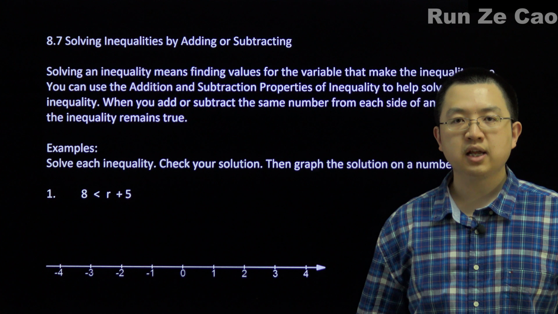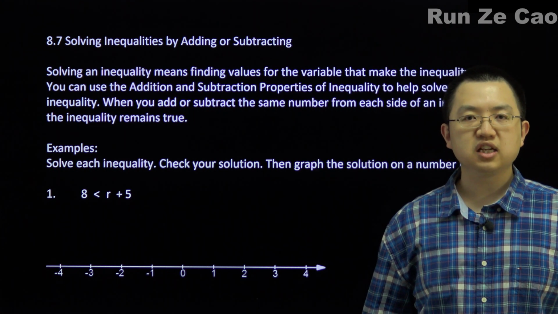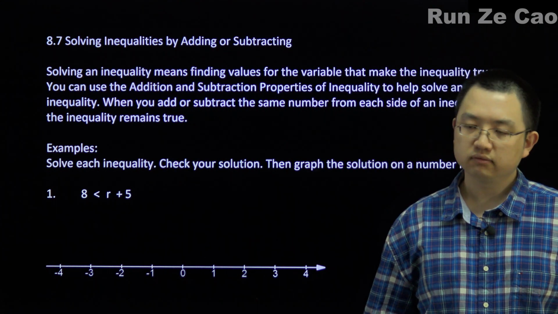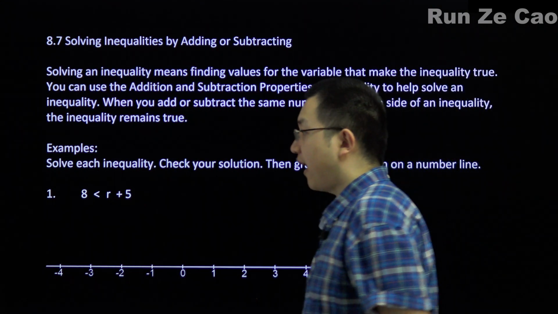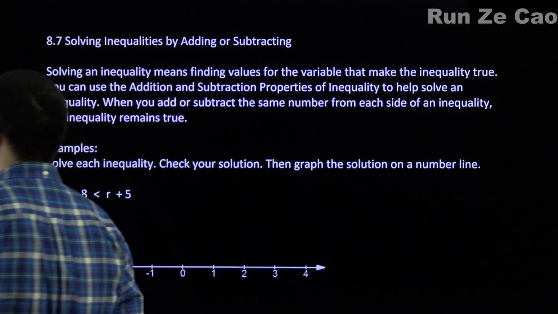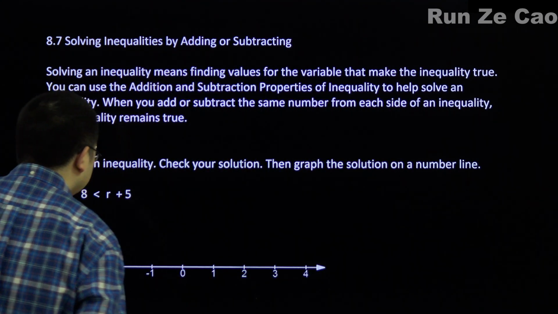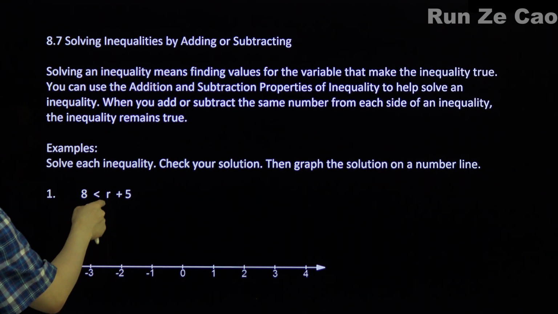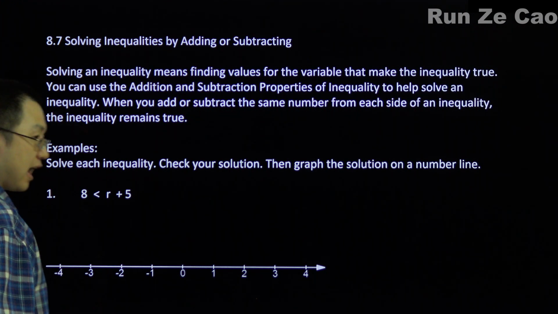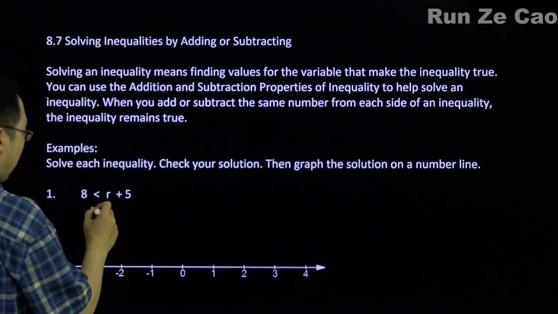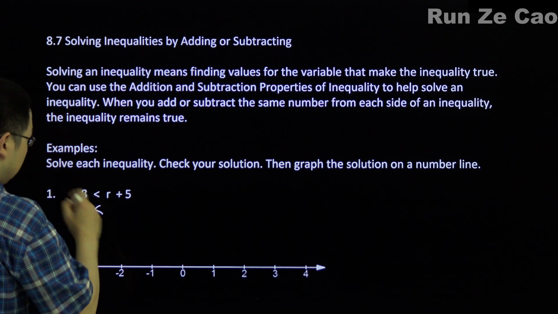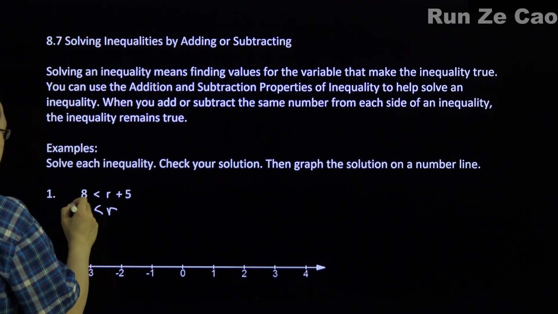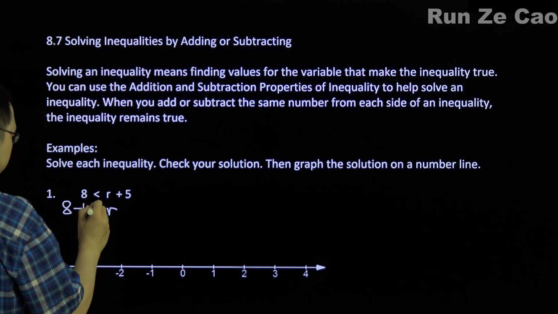Just like with equations, you can do the same addition or subtraction from either side, from both sides, of an inequality, and the relationship still remains the same. For example, if you have r plus 5 is greater than 8, what happens if you remove 5 from both sides? Well, r is going to be greater than 8 minus 5.